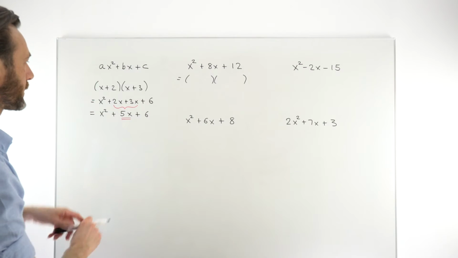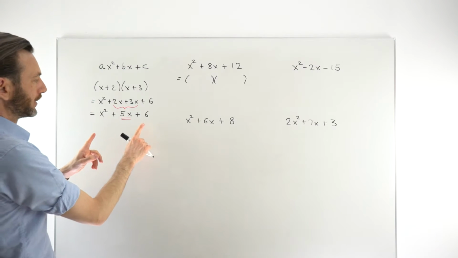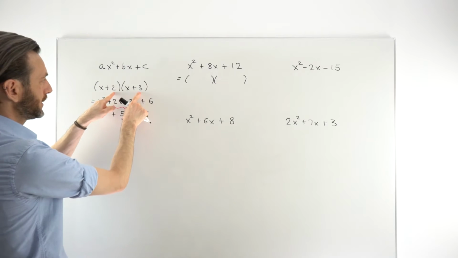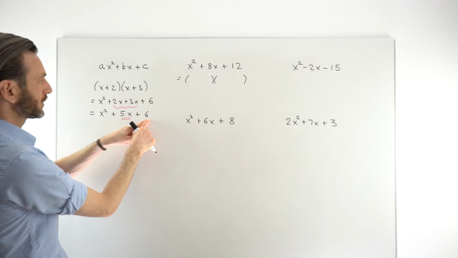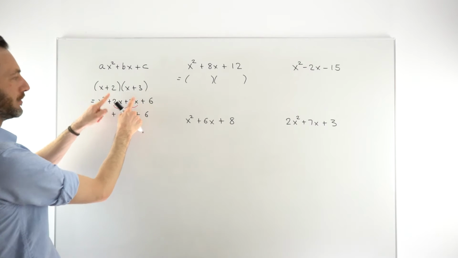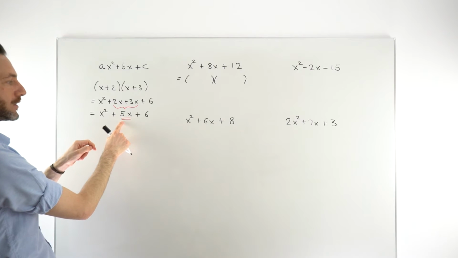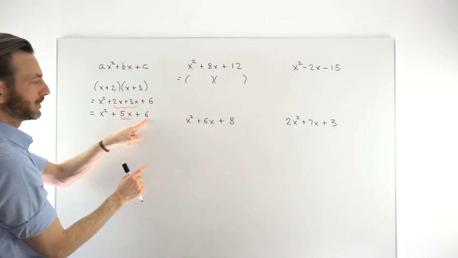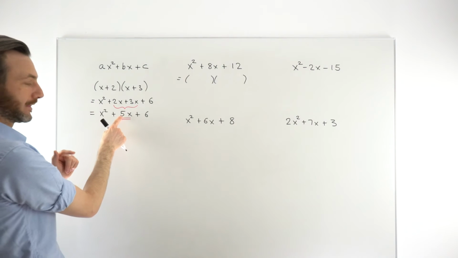So if you notice, essentially what we've done there, imagining we're starting at this point, is to take these two numbers and multiply them to give you this, and take these two numbers and combine them to give you this. So if we're going backwards, then we need two numbers that multiply to make that number, but combine to make that number.